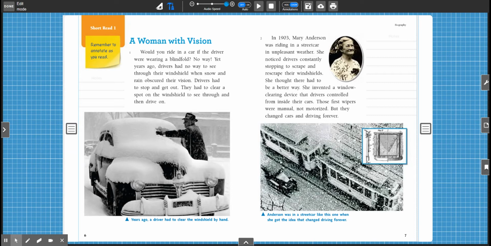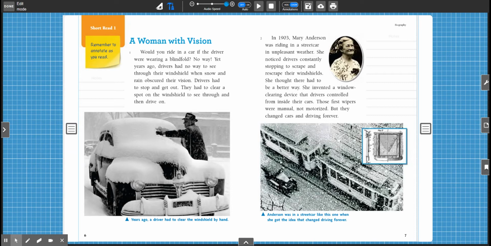We are going to read this text together, and I'm going to have you highlight on your own. I'm going to ask you to highlight some specific things as we're reading, but I want you to find them. This story is only on these 2 pages, so I definitely think you will be able to find that information that we're looking for.